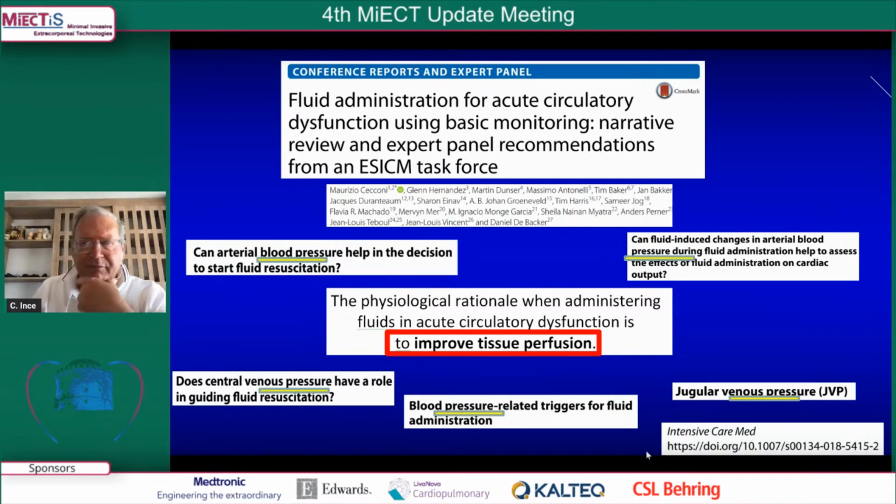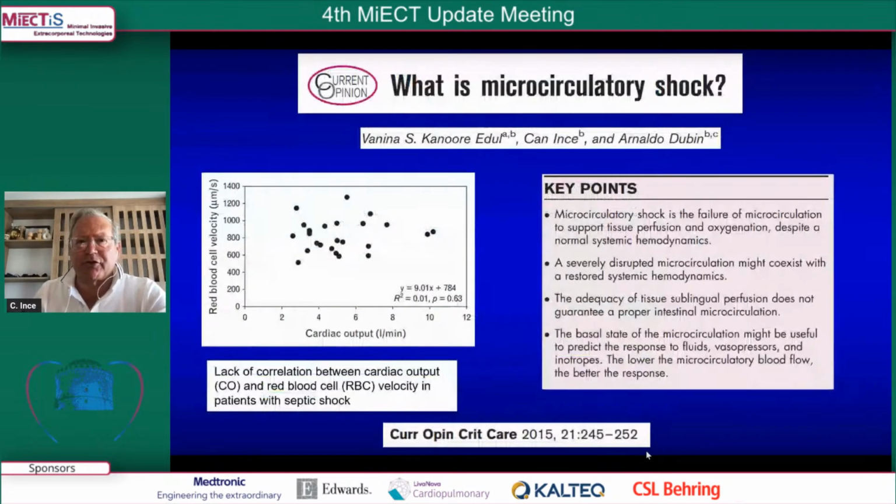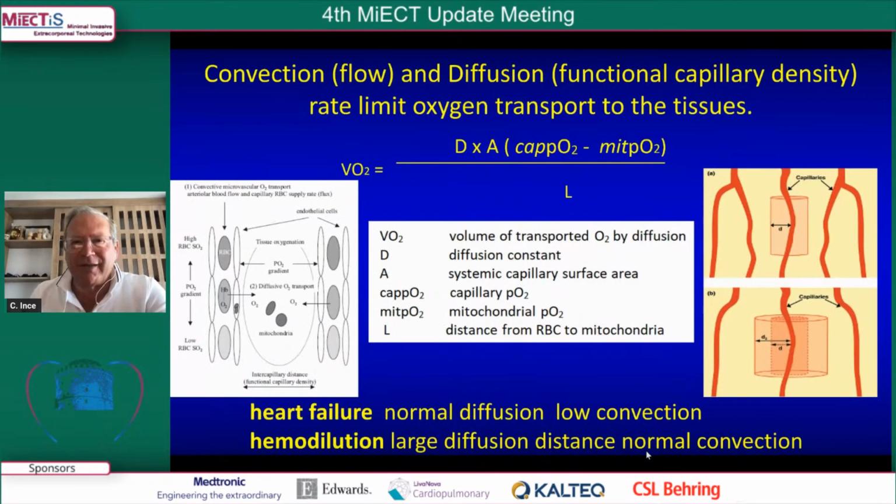And of course, there is a very poor relationship between pressure and flow. So if we look at microcirculatory shock, or the inability of systemic variables to influence the microcirculation, you can see here that over wide ranges of cardiac output, there is very little effect on tissue perfusion. So one needs to look at tissue perfusion directly.